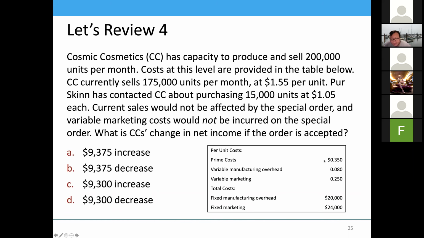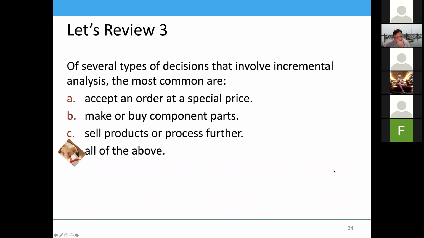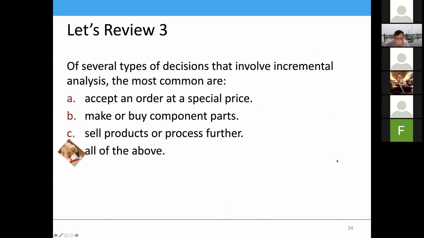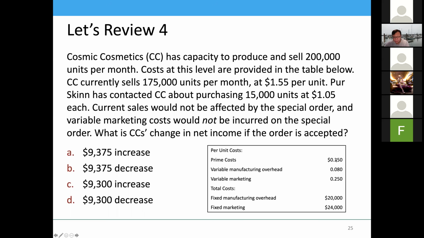I ignored the fixed costs because they were going to be there anyway. And in the question, it says that there is no marketing cost for this order. So I took the $5 and multiplied it by the 15,000 units and got 15,750. And then the prime cost of 5,250, and then the variable overhead of 1,200, and came up with an increase of 9,300.